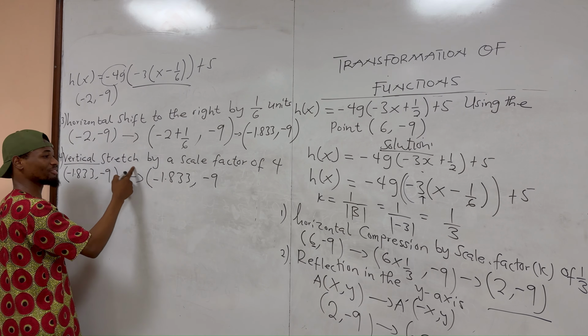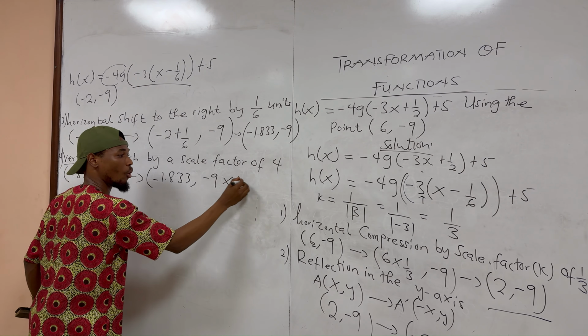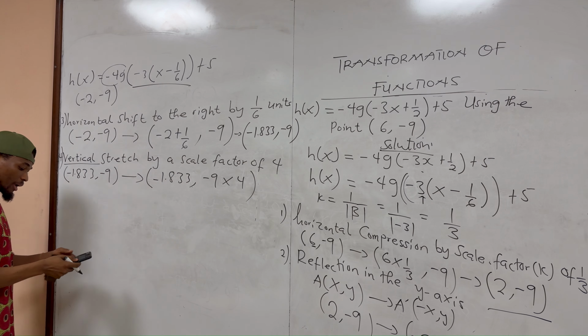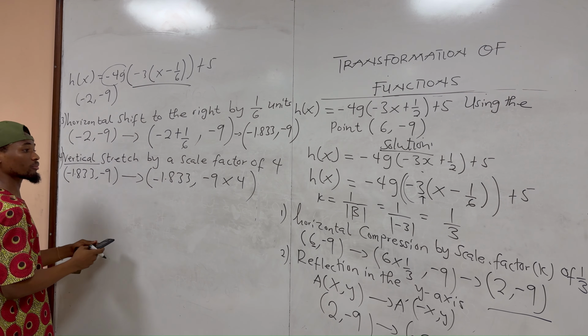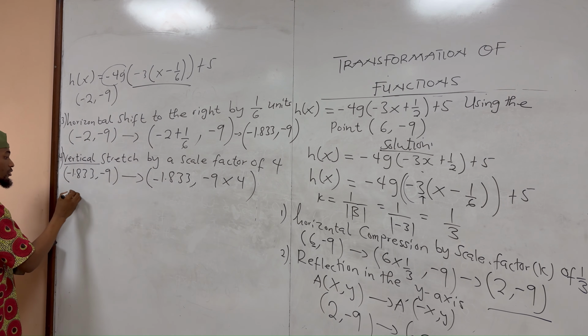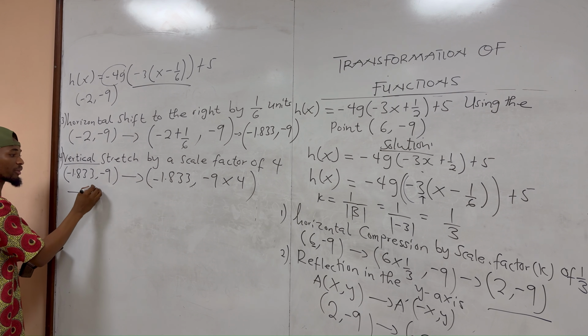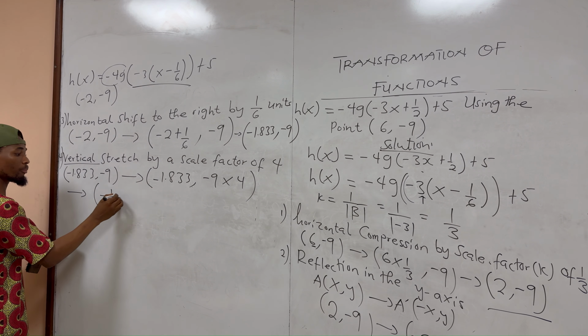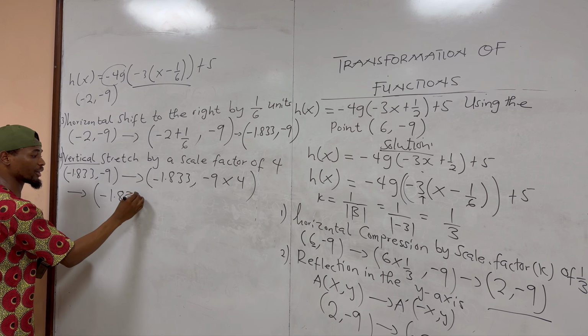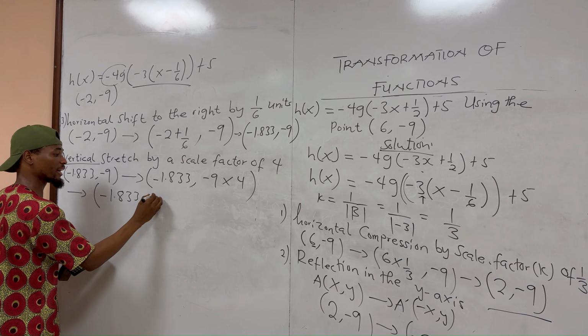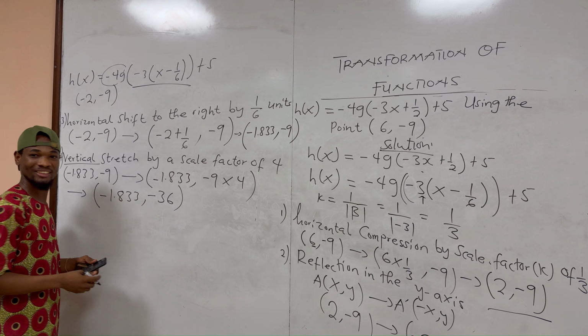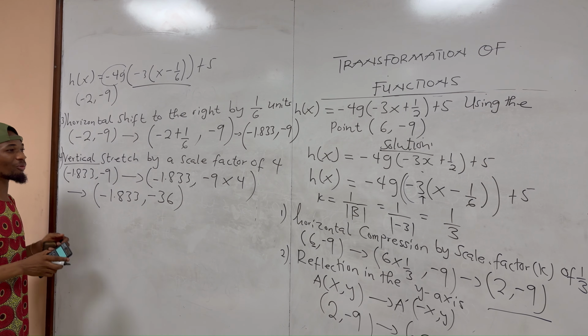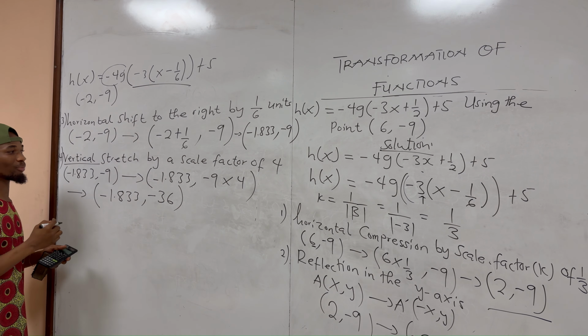So negative 9 times this 4. So my point becomes negative 1.833, comma, then I have negative 36. You get it that way? As simple as that. Follow the principles.